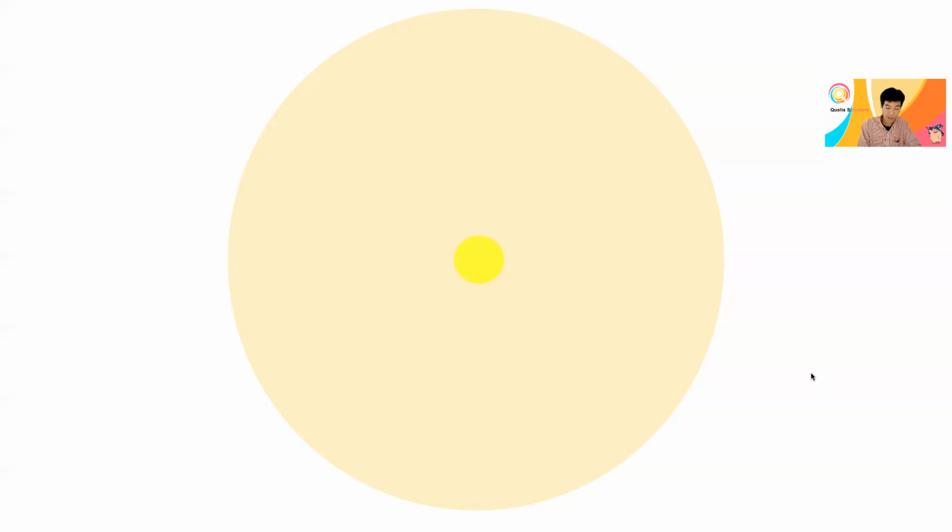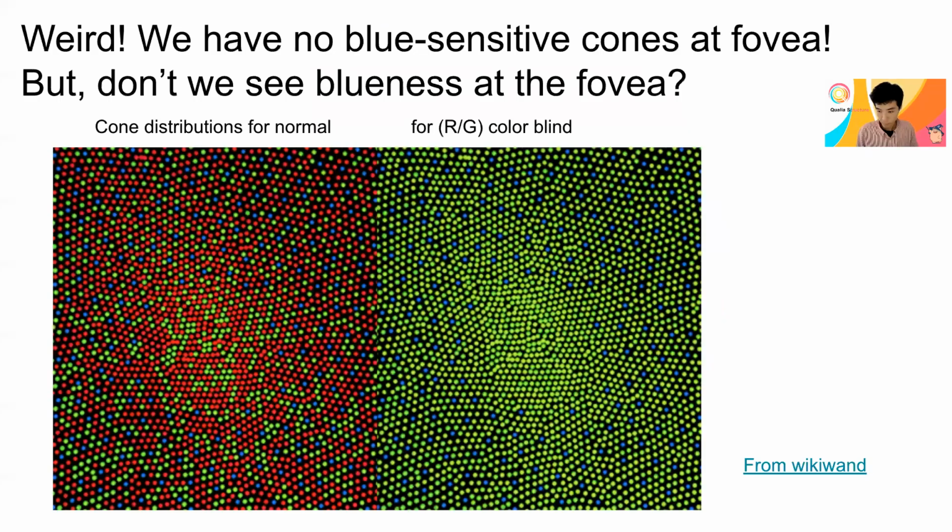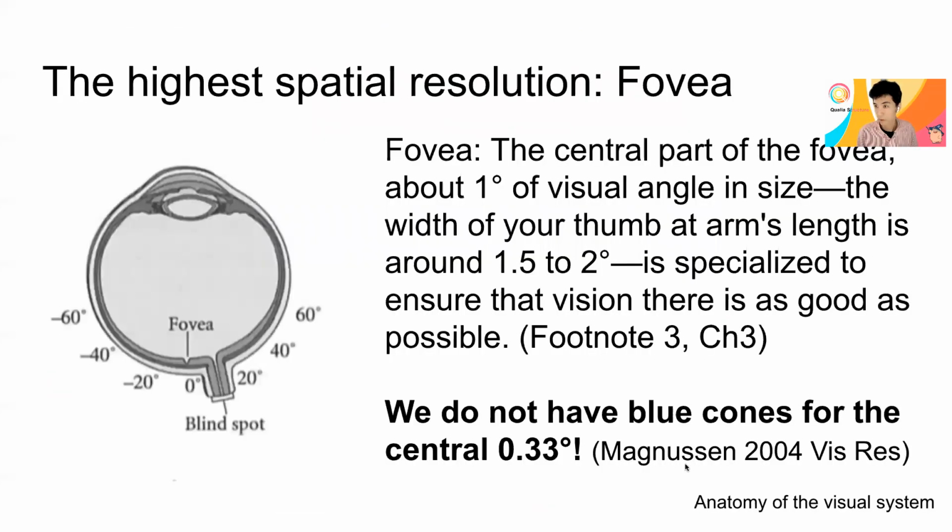And that is indicative of the lack of the blue cone density. That's the study shown in Magnussen's afterimage experiment. At least you can experience that something weird is going on at the very center of the fovea. I hope that you experienced it.